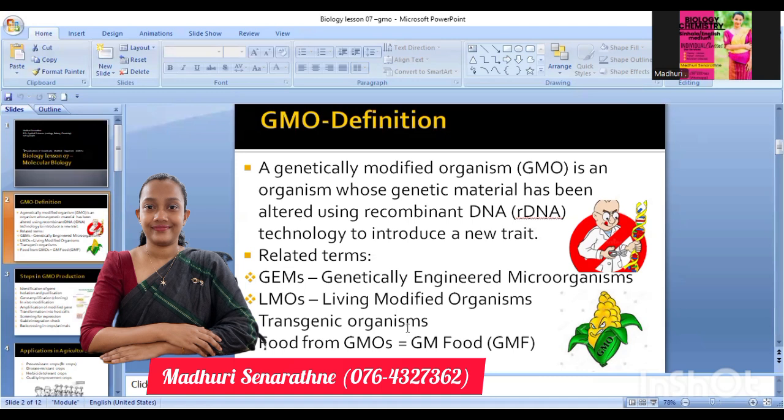These organisms are also called GEMs, LMOs, or transgenic organisms. GEMs, genetically engineered microorganisms. LMOs, living modified organisms. The food obtained from GMOs is called GM food or GMF.